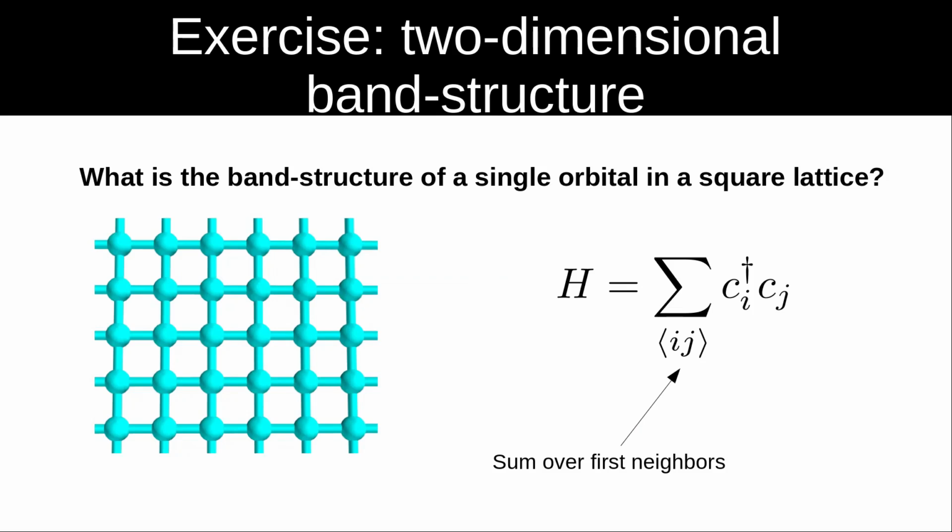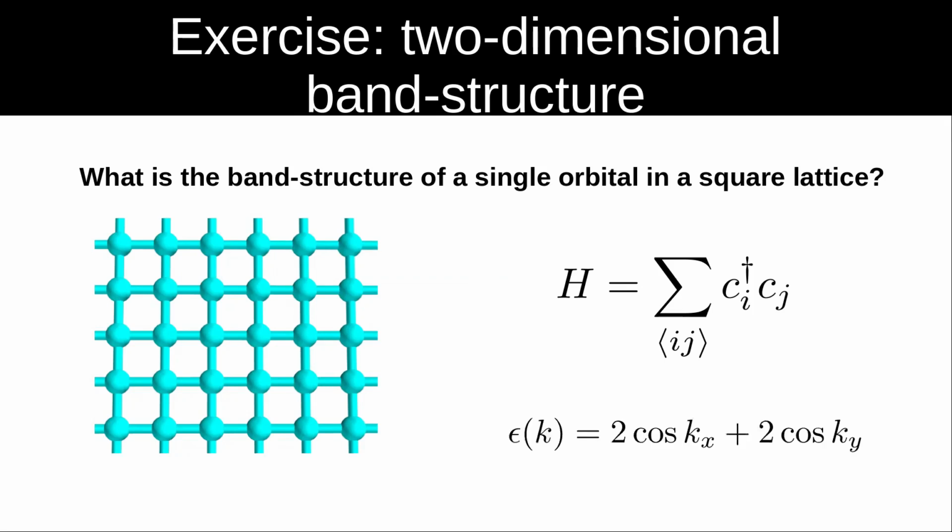The way this can be computed is by using the very same trick that we use for the one-dimensional system, but just twice, once for the x direction, once for the y direction. If you do that, you will see that you pick up just two phases. You pick up the phase in the x direction once, and this gives rise to 2 times cosine of kx, or phi x.